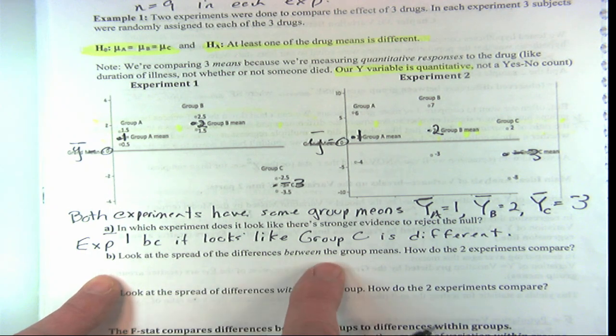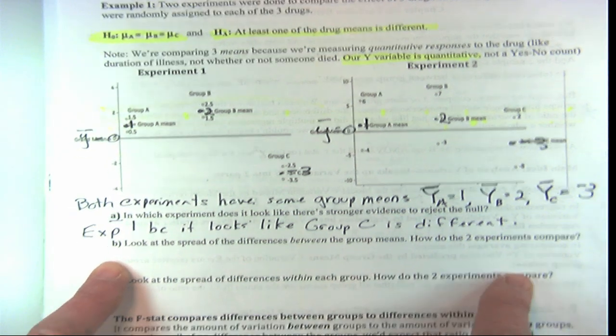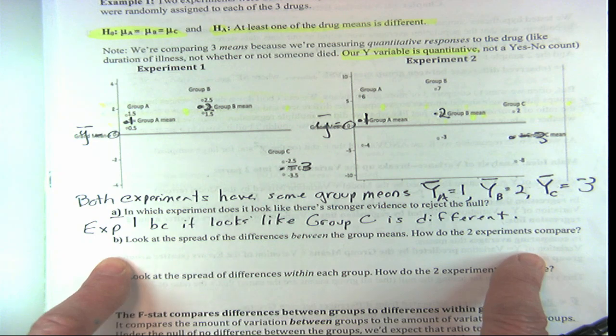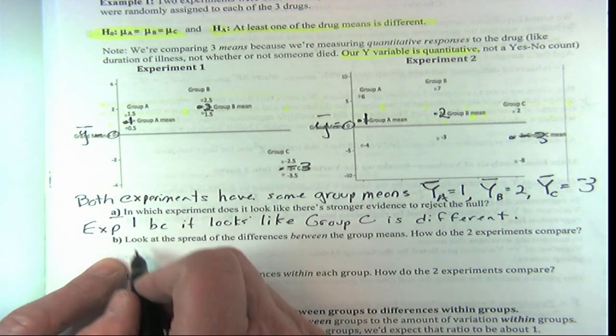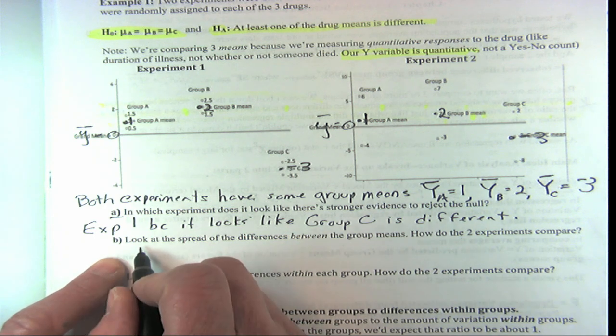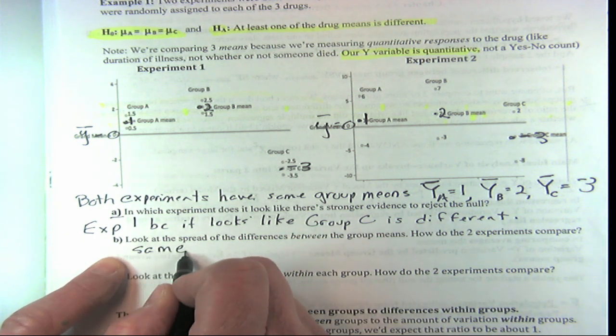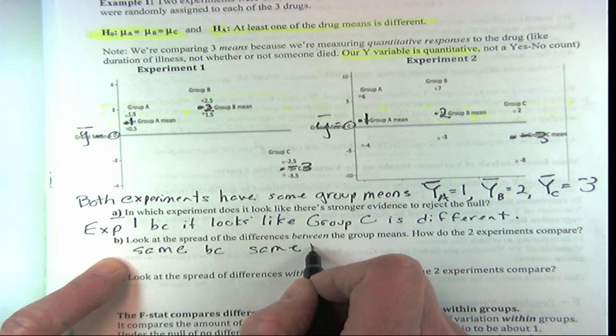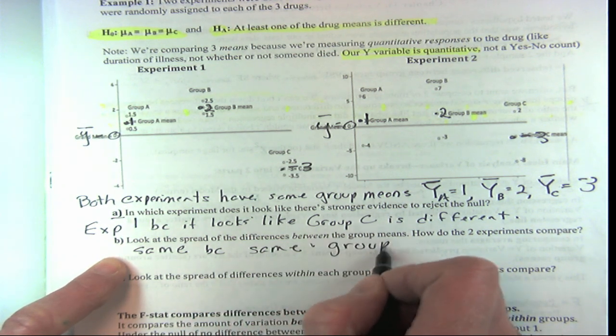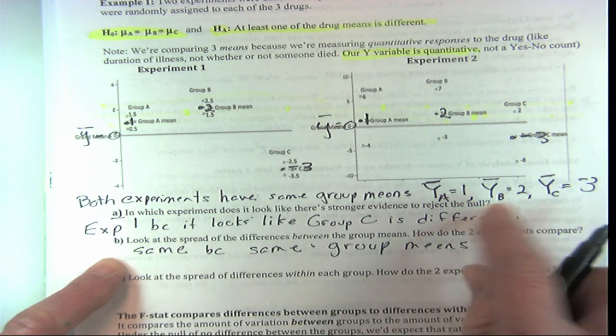Look at the spread of the difference between the group means. How do the two experiments compare? Well, the means are the same, because there are the same group means. So the differences between these numbers are the same for both of them.